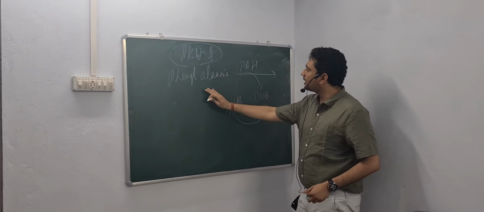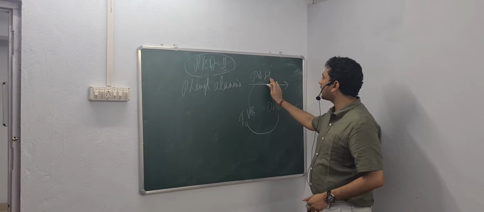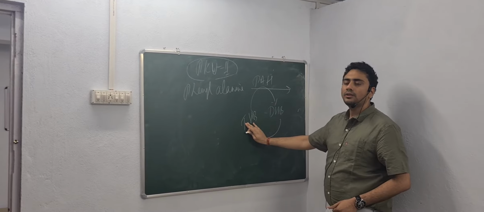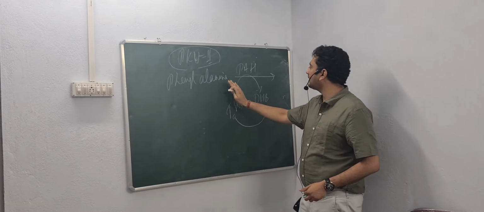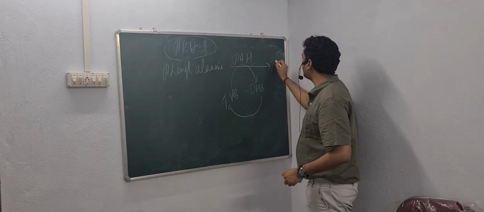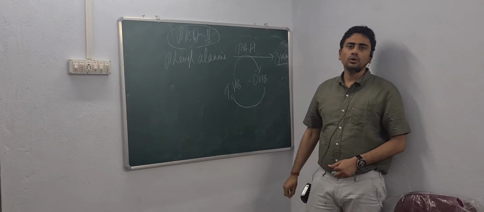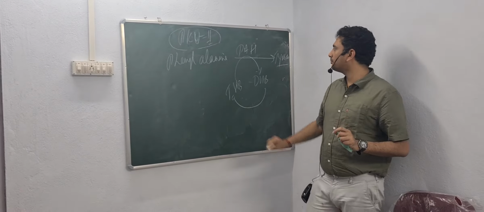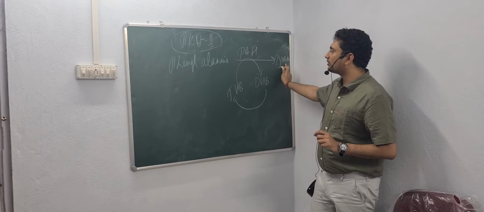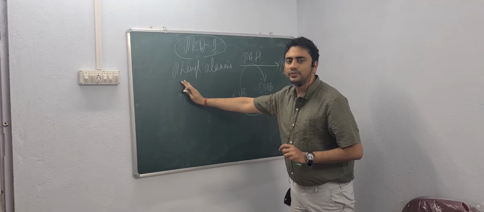With the help of this enzyme and the cofactor tetrahydrobiopterin, phenylalanine is converted into the amino acid tyrosine, which is the main non-essential amino acid synthesized from phenylalanine.